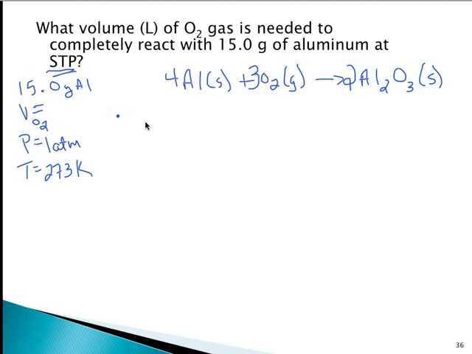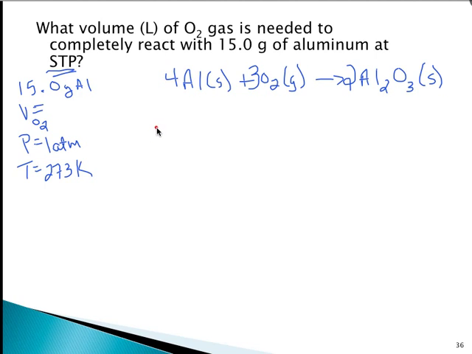So now I can take these grams of aluminum, convert them to moles, and use the mole ratio with this balanced chemical equation to get to moles of oxygen. Once I get to moles of oxygen, I have a pressure and a temperature, and the moles, ooh, PV = nRT. Hey, that's kind of cool. Let's do that then.